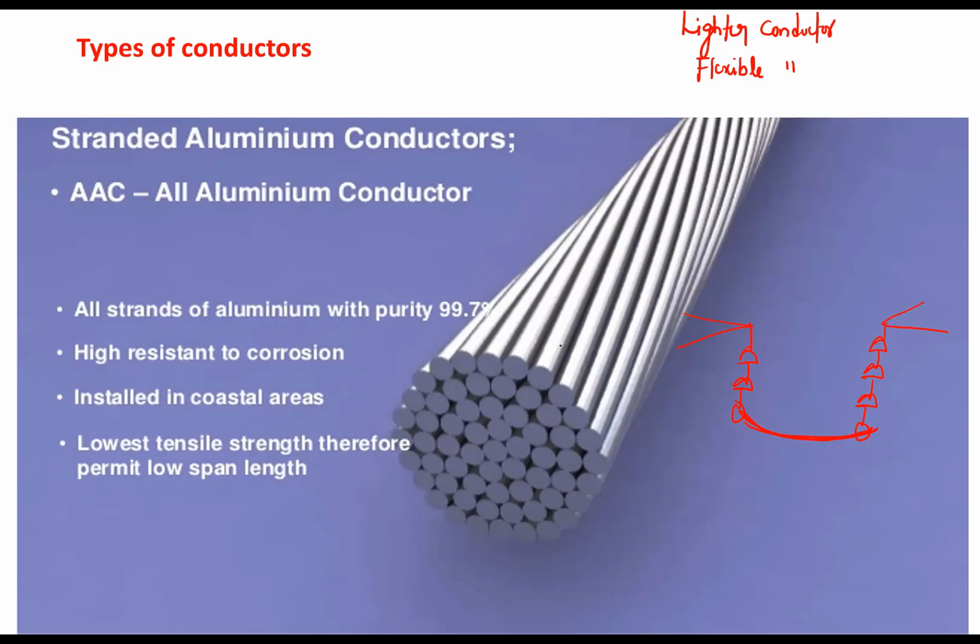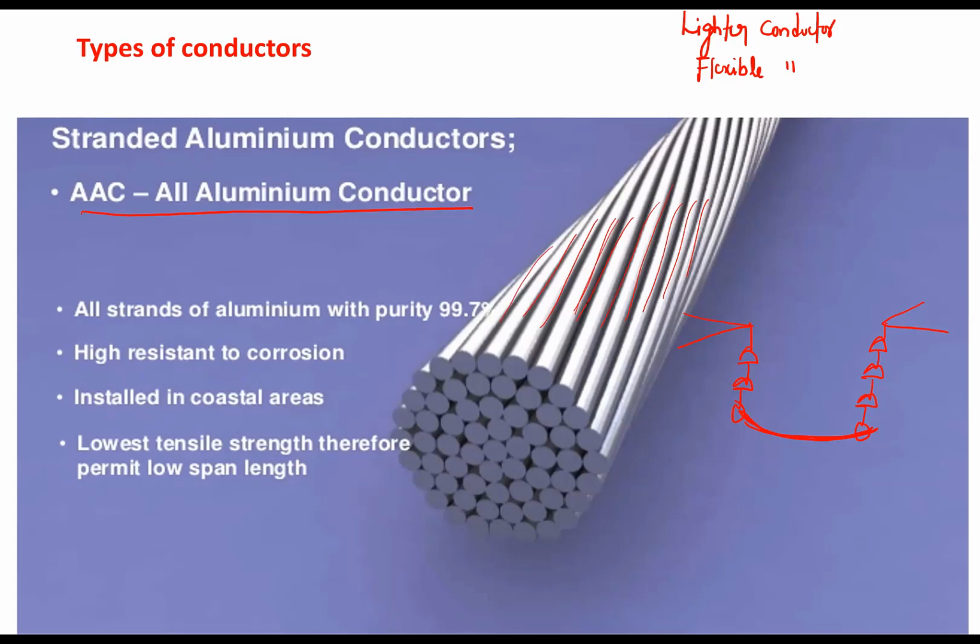If all strands are made up of aluminum, then it is called AAC, all aluminum conductor. Now these strands are spiraled in opposite directions so that they get the binding effect.